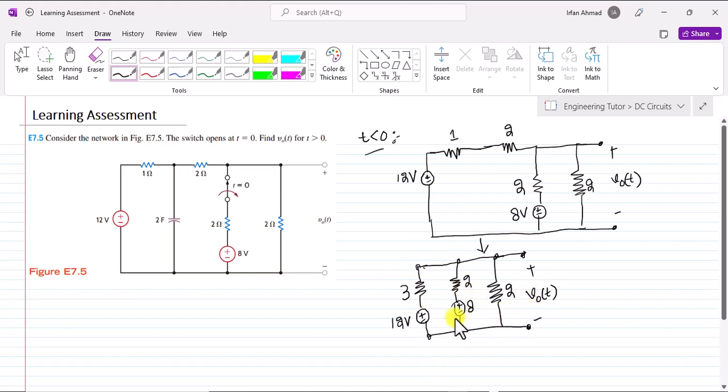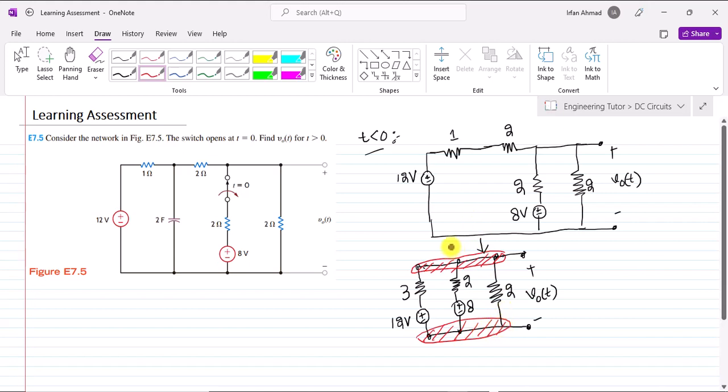Here we can apply many methods, many techniques, but the one I am considering the most feasible here is the node voltage method. So in considering the node voltage method, let me consider this one as node 1, while this is node 2.